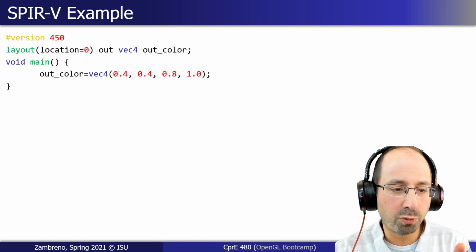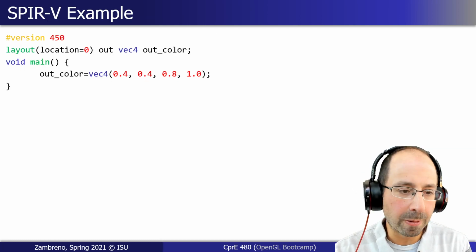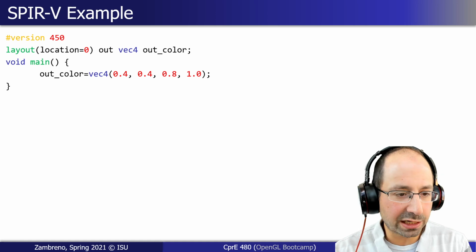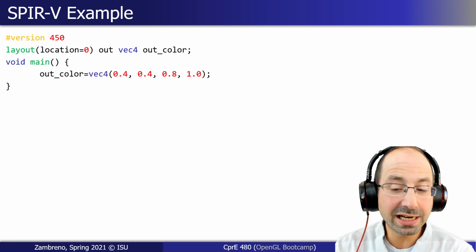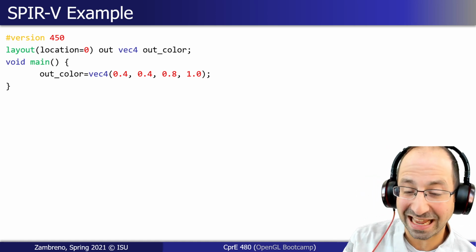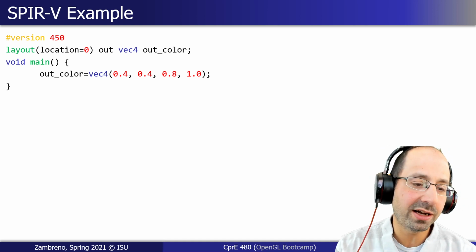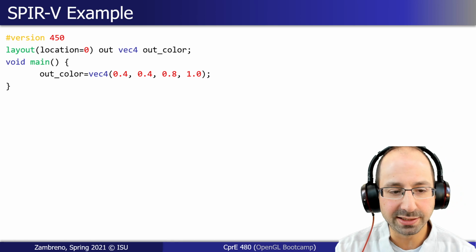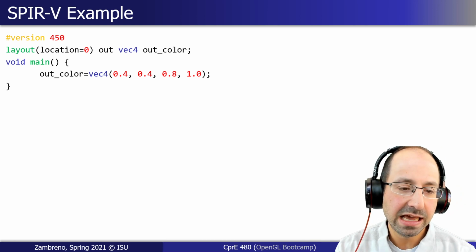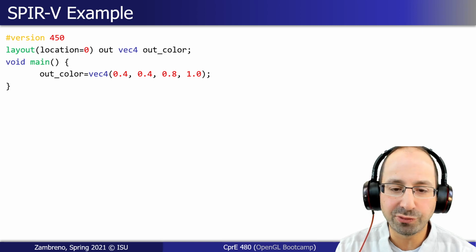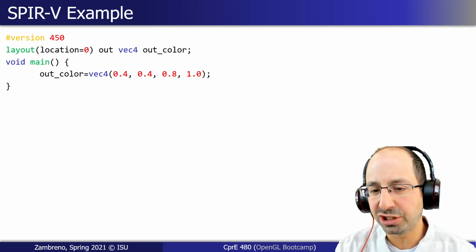Just to give you an example of what it could look like in your SPIR-V code, this is a slightly different vertex shader here, where we're not specifying any input attributes at all. We're just specifying an output attribute. So we're saying here we have an out vec called outColor, and we're hard coding it. So give me a mostly blue with some red and green highlights output color vector here. That's the GLSL shader example.